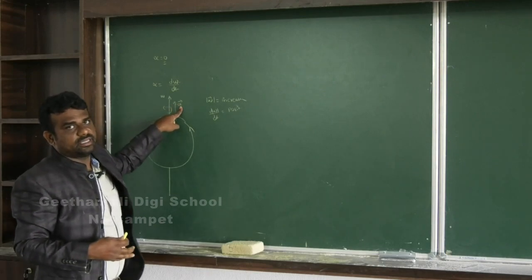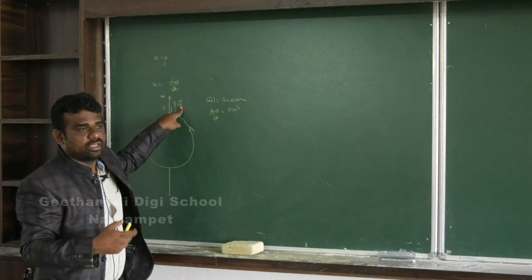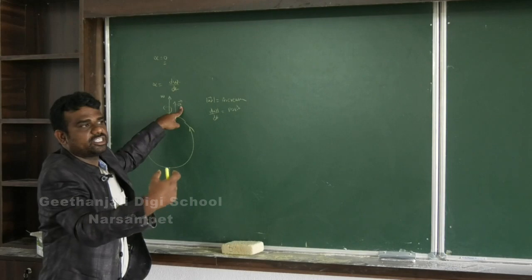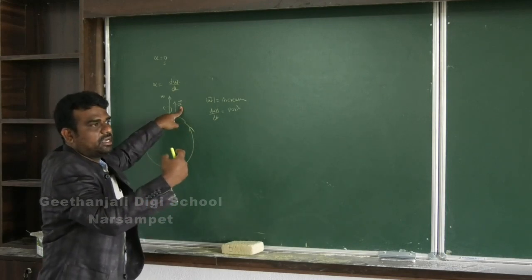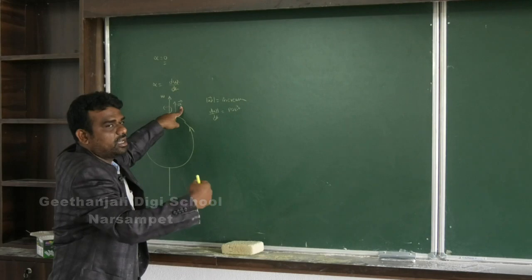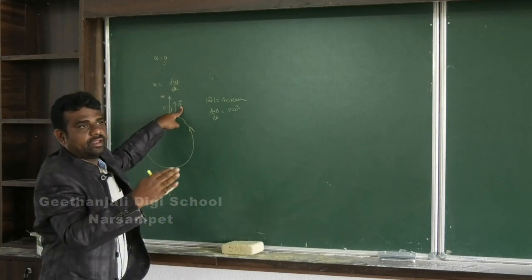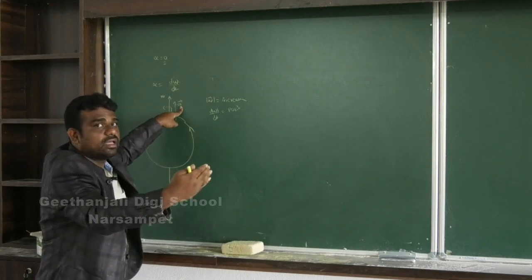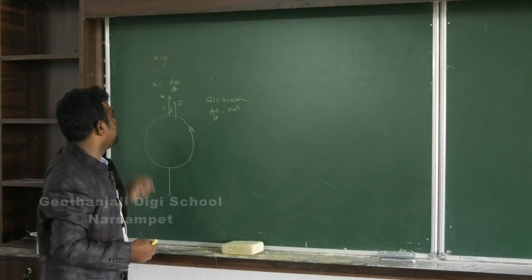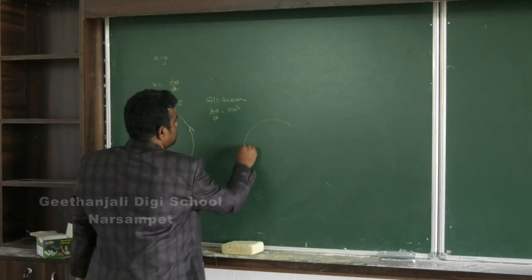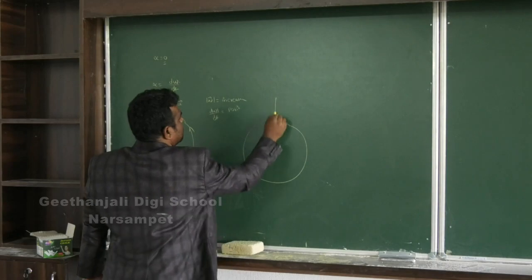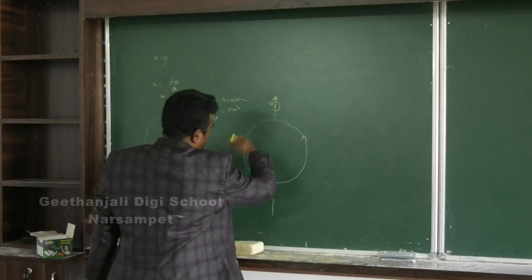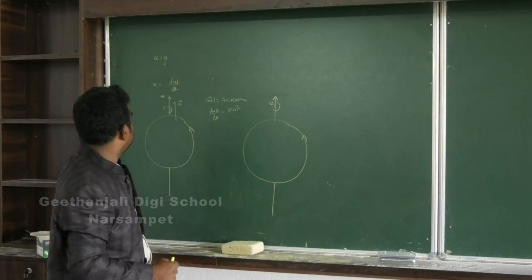We know in one dimension motion, when linear velocity increases, acceleration is in the direction of increasing velocity, meaning the direction of velocity and acceleration are the same. When velocity decreases, the direction of acceleration is opposite to the direction of velocity. The same rule I apply here. Suppose a particle is moving in an anti-clockwise direction in a circular path, right?